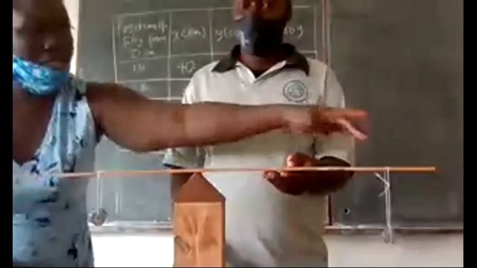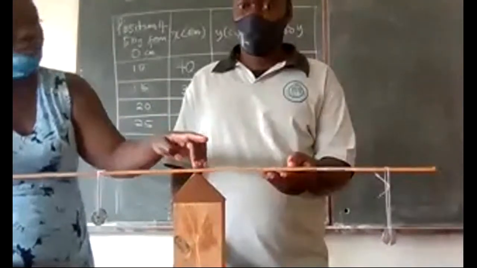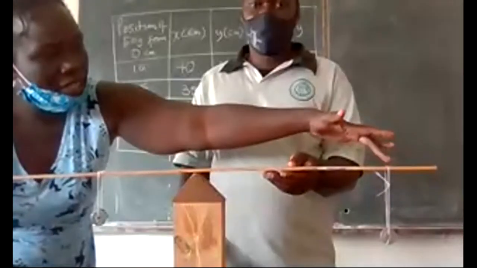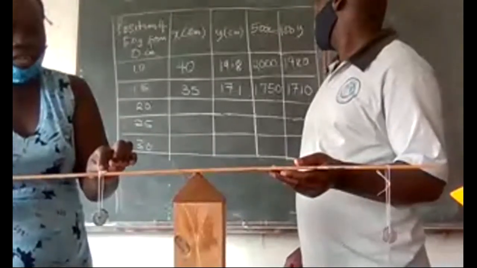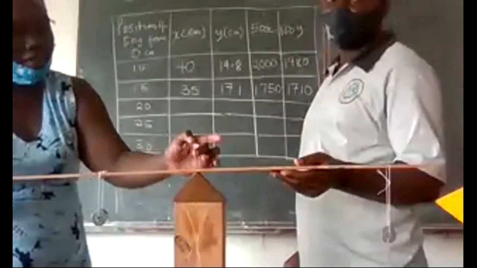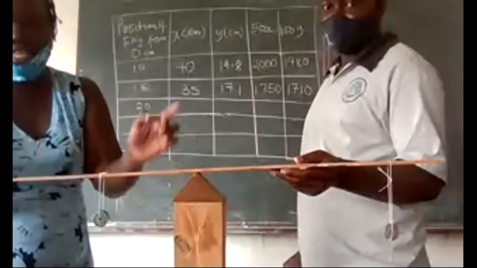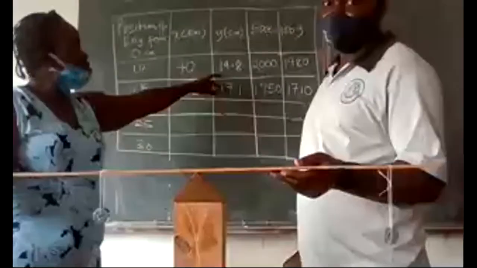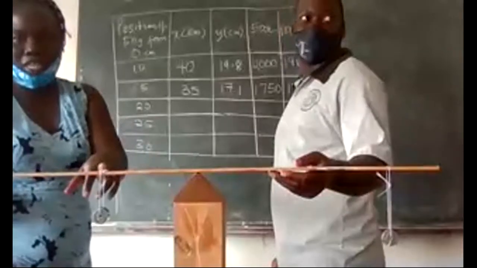Now, the distance from here to the center is the x, which we got as 50 minus the 10 here. And if this is 50 and it is balancing at 69.8, the distance is 69.8 minus 50, and that happens to be the y, which is 19.8. So while x is 40, y is 19.8.